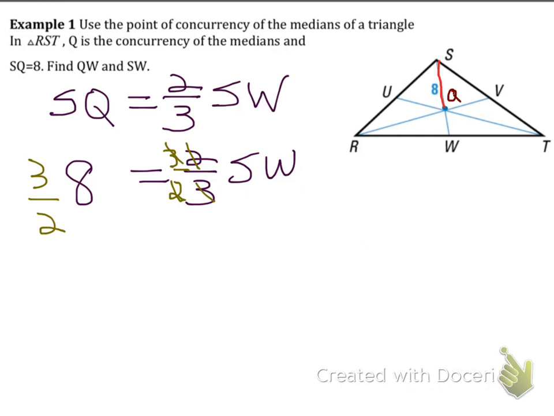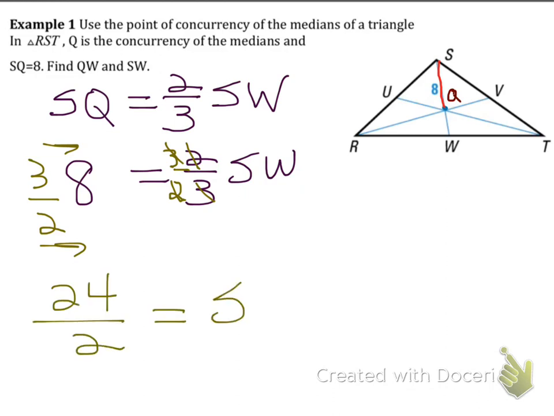So multiply straight across, and you get 24/2 equals SW. Okay, put 2 into 24, it goes 12 times. So SW, which is this green big piece, is going to be 12.